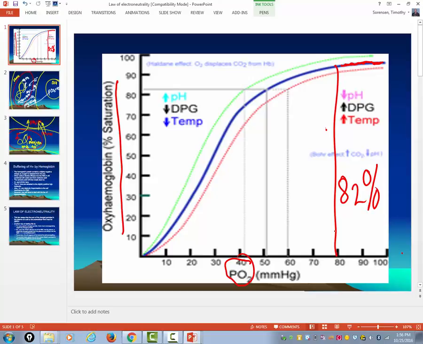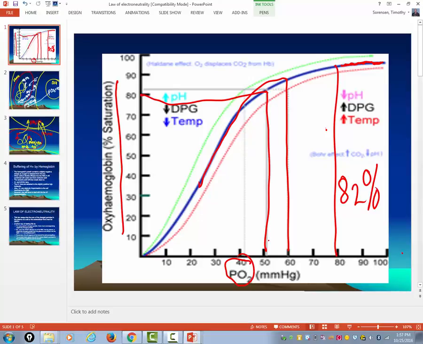Now if you look, watch, as you start getting down to a PO2 of about 60, you start significantly desaturating. So there's a sharp drop off in the curve. So if you have a patient and you put the little pulse ox on them, and their O2 sat is 80, then you know that their PO2 is about 50.